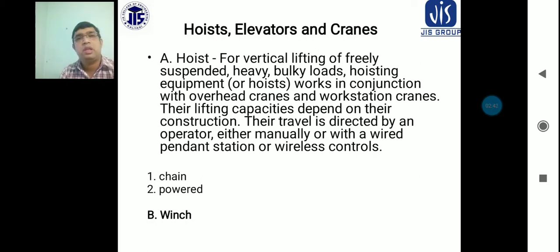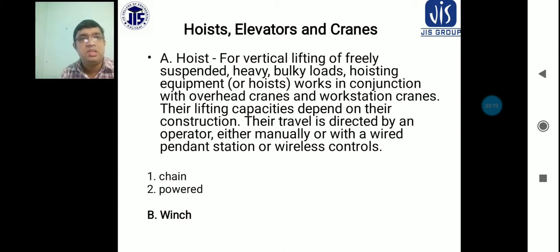This overhead crane is concentrated on the hoisting equipment. Basically, on the overhead cranes one hook is mounted, and using this hook you transfer or hang the materials. Different types of blocks are transferred from one place to another, over a vertical distance, so the vertical movement is found in the hoist.